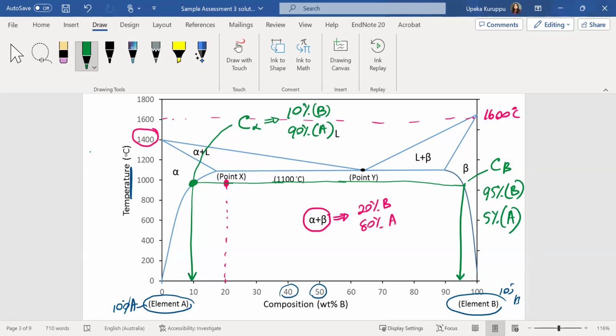In the alpha phase, that is right. But when you combine all together, both alpha and beta together, this will be your average composition. Does that make sense? Any question?